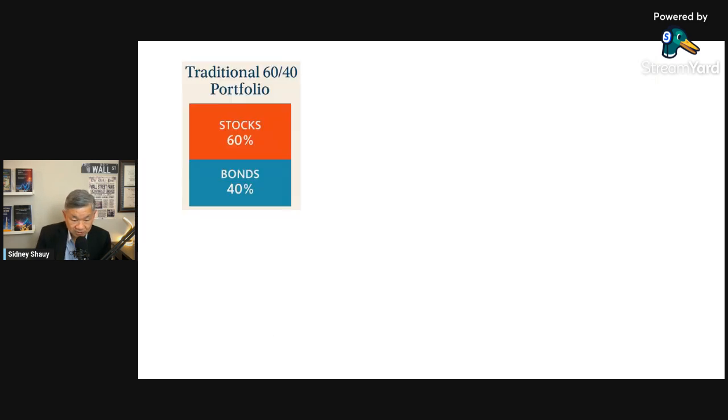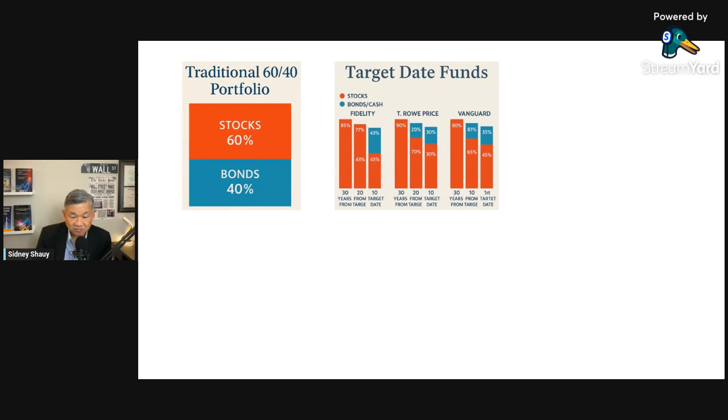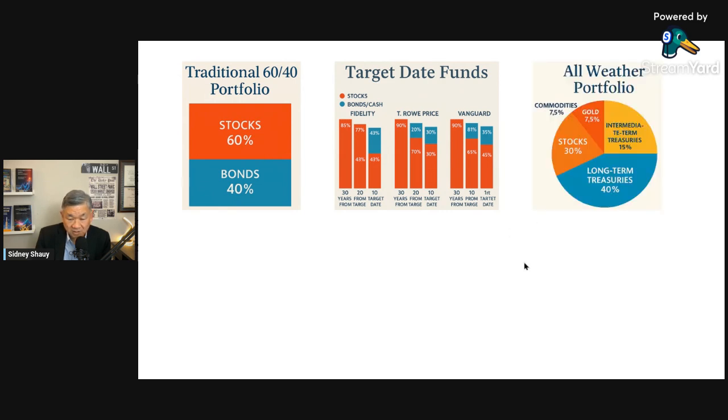Okay, more stable returns. Examples of those are the traditional 60/40, and also, very popular these days, target date funds, for folks at different ages, which dynamically change the allocation to stocks and bonds over time. This is very common nowadays.